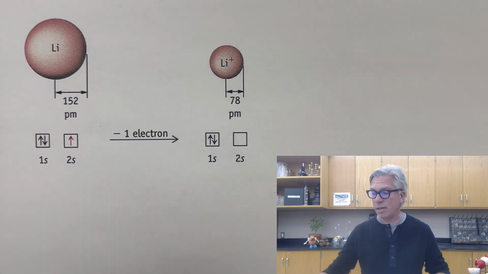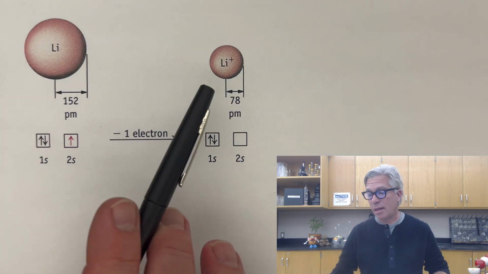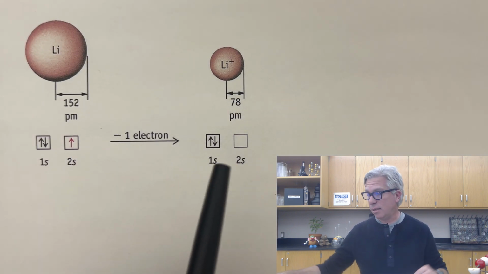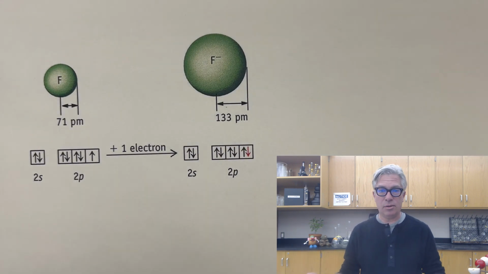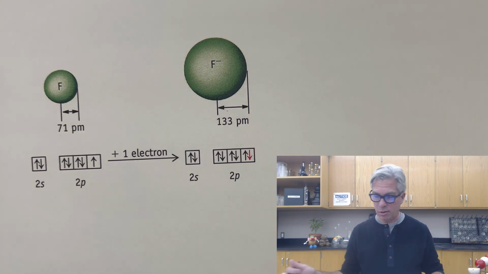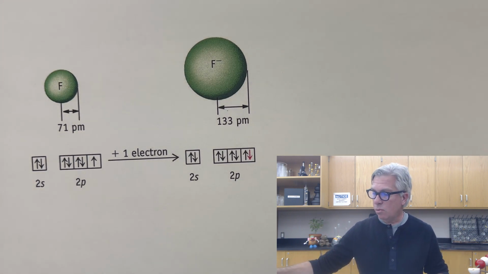Note that the size of the ions changes. The cations get smaller because they're losing electrons, and the anions get bigger because they are gaining electrons, and those electrons repel each other and they get a little farther away.